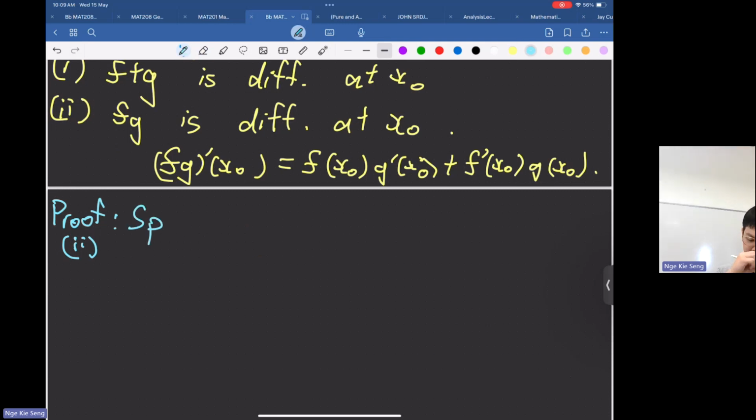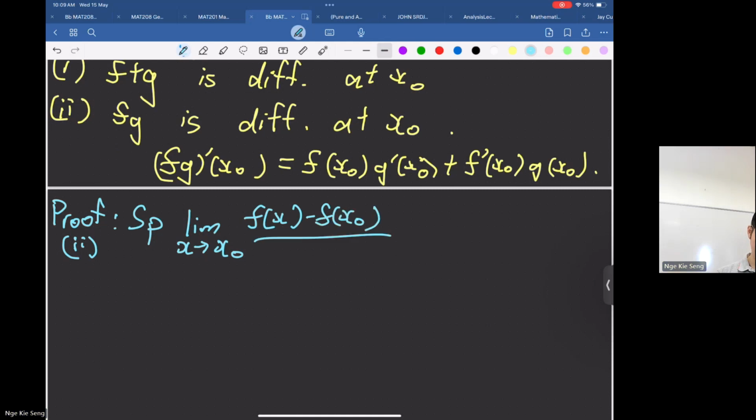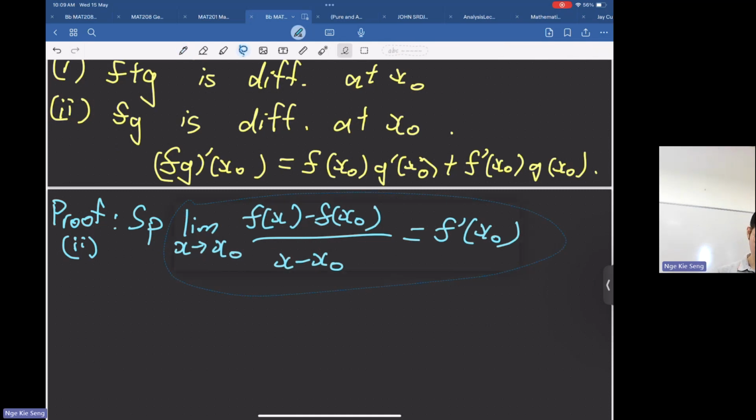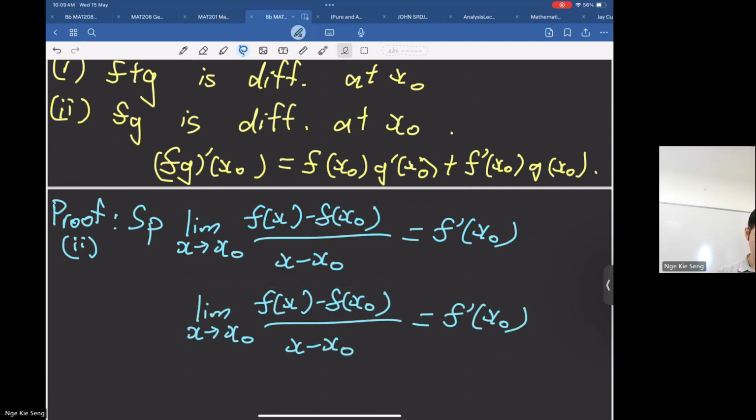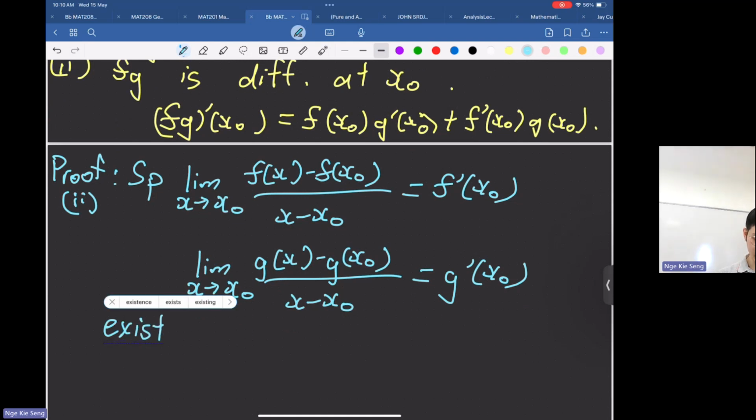So suppose the limit as x goes to x naught of f of x minus f of x naught over x minus x naught exists. This one we call f prime of x naught, and also for g it exists, by assumption. These two numbers exist by assumption.